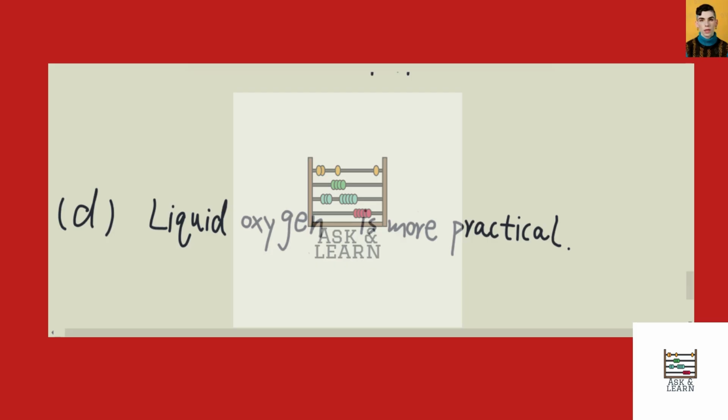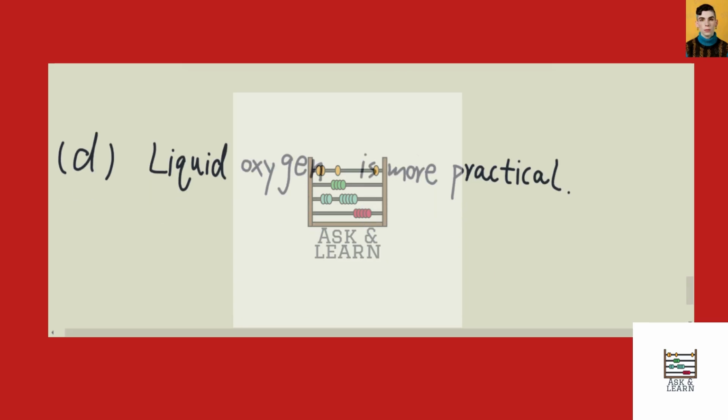It's because there is an easily detectable spread of values for the liquid oxygen, but this is not the case for the mercury. So therefore the answer is that liquid oxygen is more practical. Okay, and these are the answers for this question.